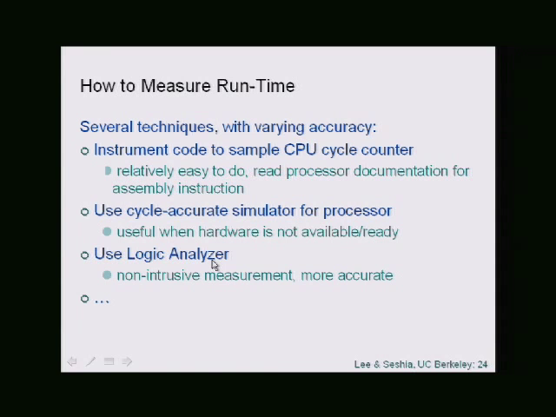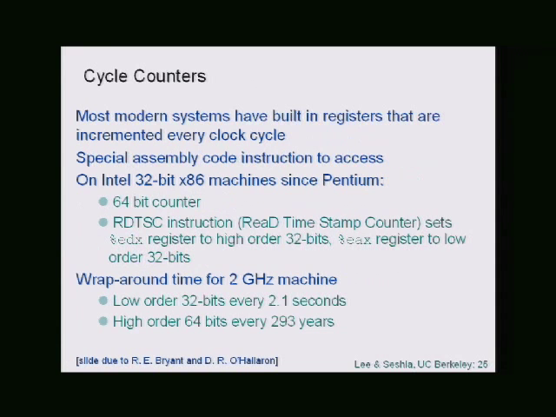The 64-bit counter wraps around only every 293 years, so it seems good enough for embedded applications. The way you do this is you get the current value of the cycle counter, run your program, get the new value, and then subtract. And so the key thing is, how do you actually get the current value of the cycle counter?